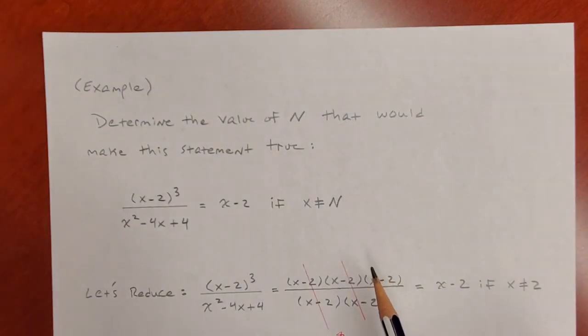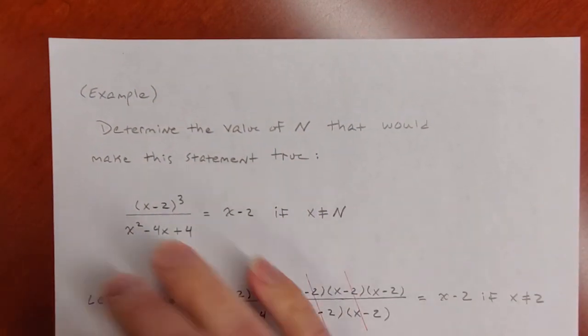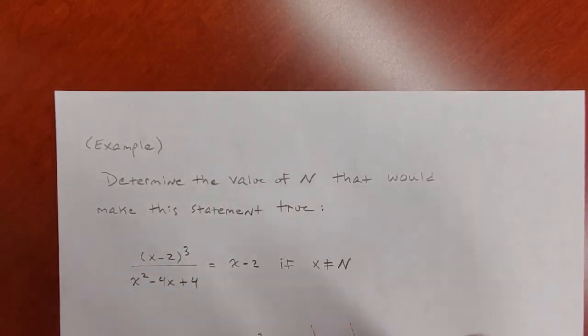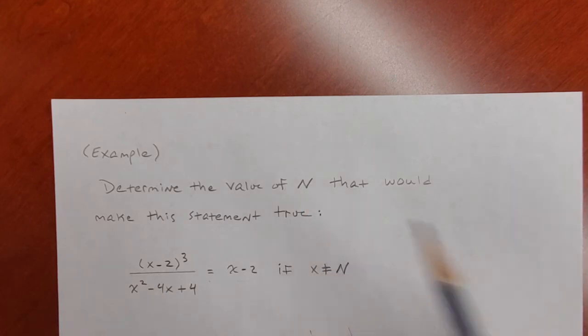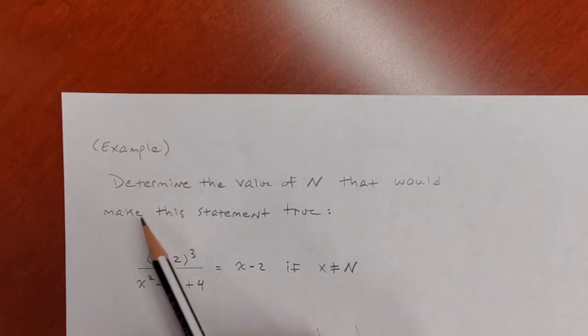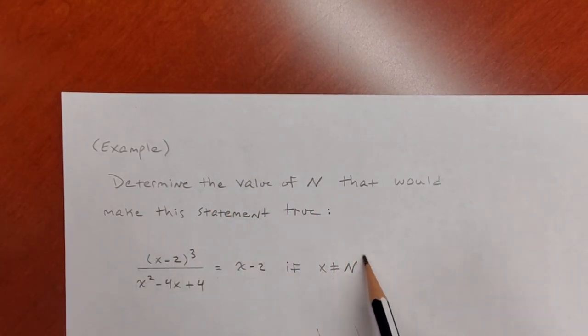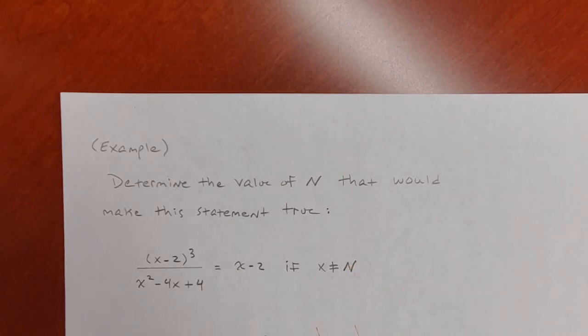So here for this one, I have something that's kind of partially given to me. It says this will in fact reduce to that, so long as the x is not some unspecified number. Can you tell me what that number has to be so that this statement is true?